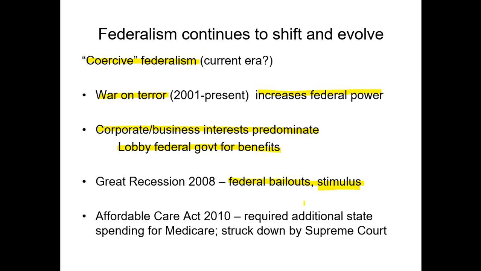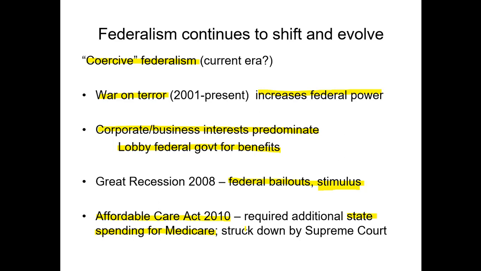We also saw that the Obama administration was elected in order to reform health care. So that was another big federal program, and also had some state objection to that for spending on Medicare. And the Supreme Court actually struck down a portion of that Affordable Care Act.